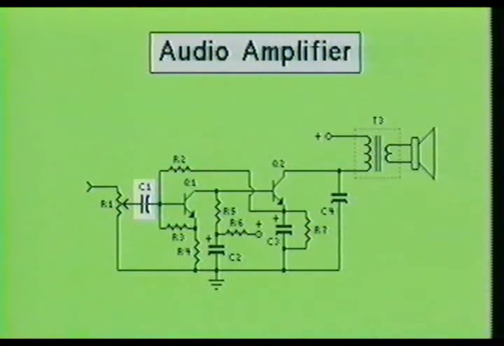Capacitor C1 couples the low-level audio into the first transistor stage. Resistors R2, R3, and R4 provide the base bias for transistor Q1. Resistor R3 also controls the gain of transistor Q1.